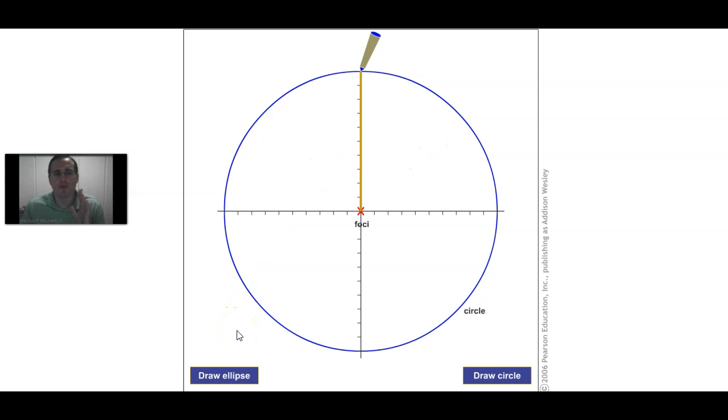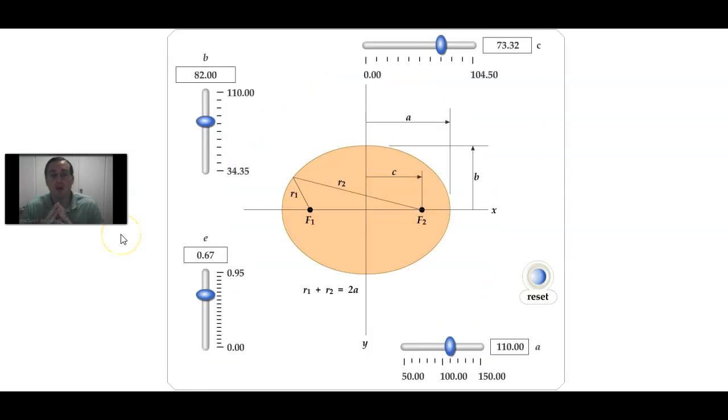Let's take a little more of a quantitative or mathematical look at ellipses. What I'm showing here is hopefully something you've seen in a college algebra or a pre-calculus class, namely what an ellipse geometry looks like. So for an ellipse geometry, notice that r1 plus r2 is a constant, and r1 is the distance to the point from focus 1, r2 is the distance from this point of interest, wherever the orbiting object is, to focus 2.